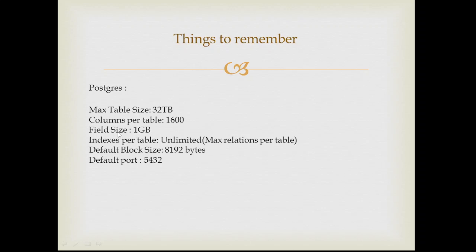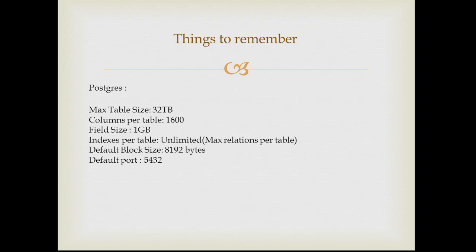Not the columns, but one particular field can have 1 GB of data. So if you have 10 fields for a row, that can have 10 GB of data. A huge amount of data can be stored with the help of Postgres. So that's why it is vastly used everywhere.